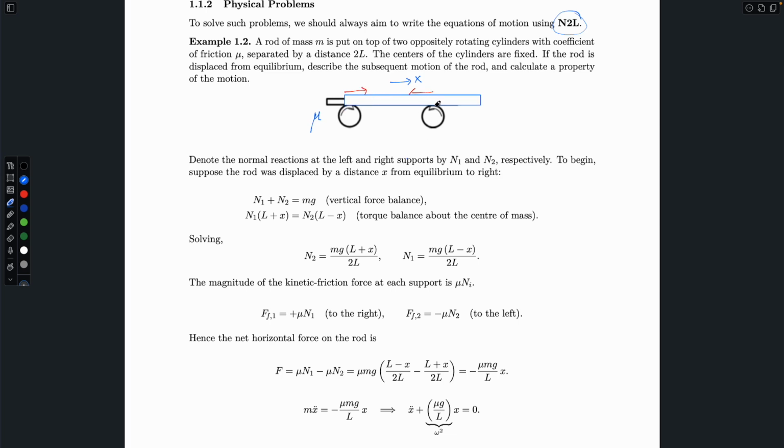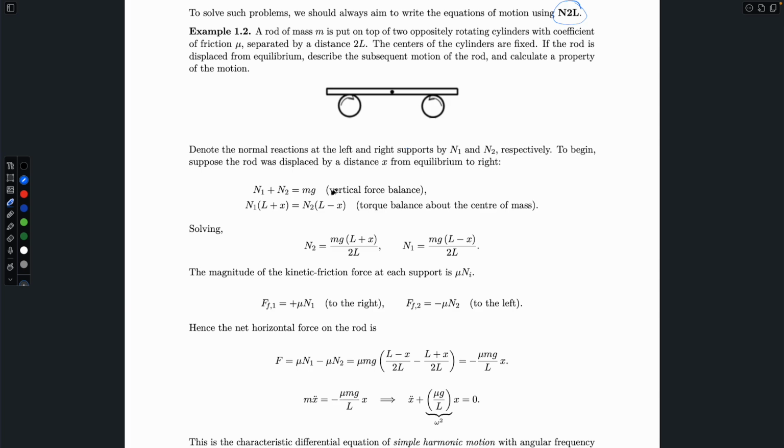Then the normal force will increase over here versus over here, which will result in a bigger friction, because friction equals mu N. It's proportional to the normal force, so when the normal force increases, the friction will also increase. As a result, there'll be a restoring force that is proportional to displacement. The math is shown in more detail below, with the exact steps. You just balance the forces because there is no movement along the vertical direction, only along the horizontal direction.